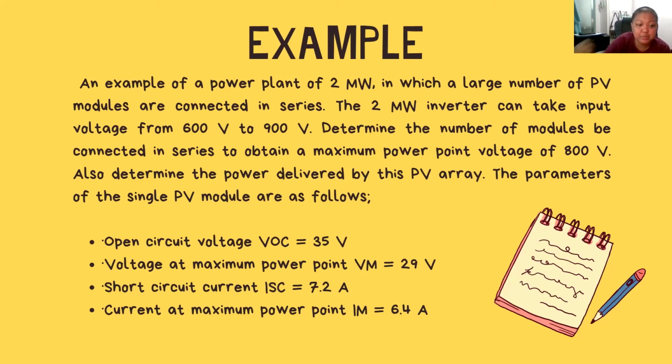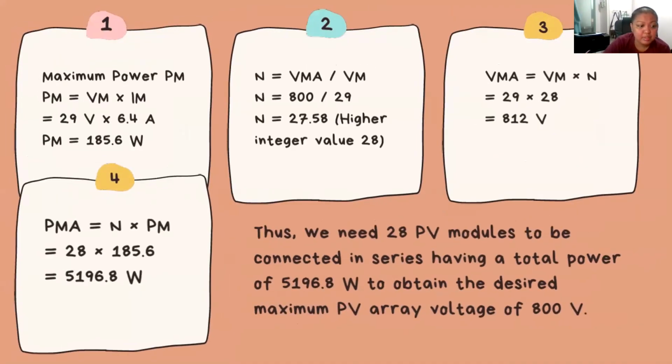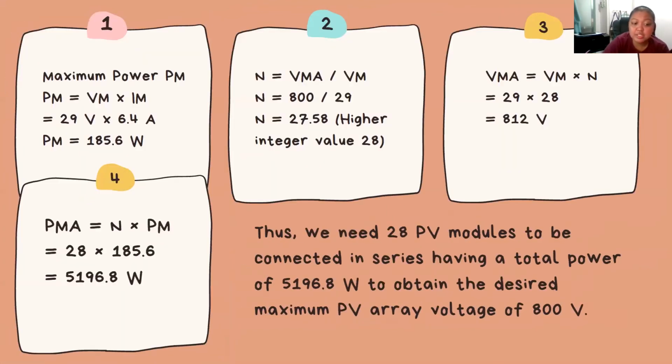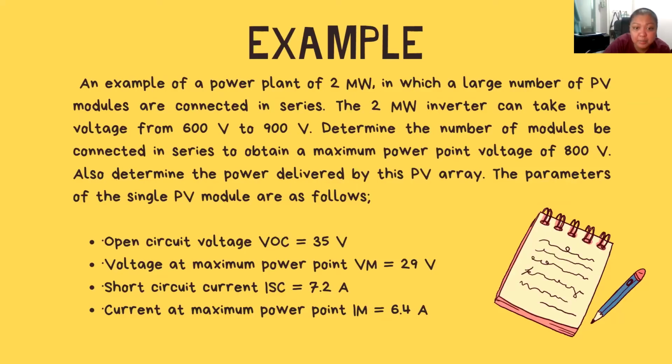Yes, right, 800 volts. The second step is we should note the parameters of the PV module that is connected in the series string. So let's go back to the given again. VOC is 35 volts, voltage at maximum power point is 29 volts, short circuit current is 7.2 amperes, and current at maximum power point is 6.4 amperes.